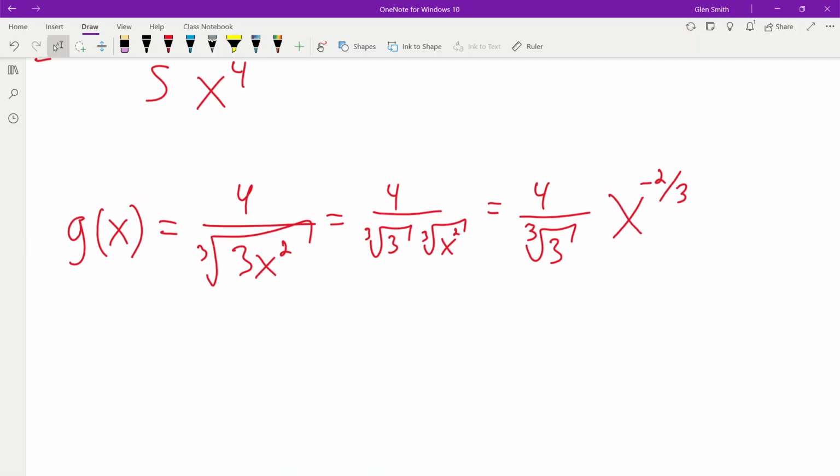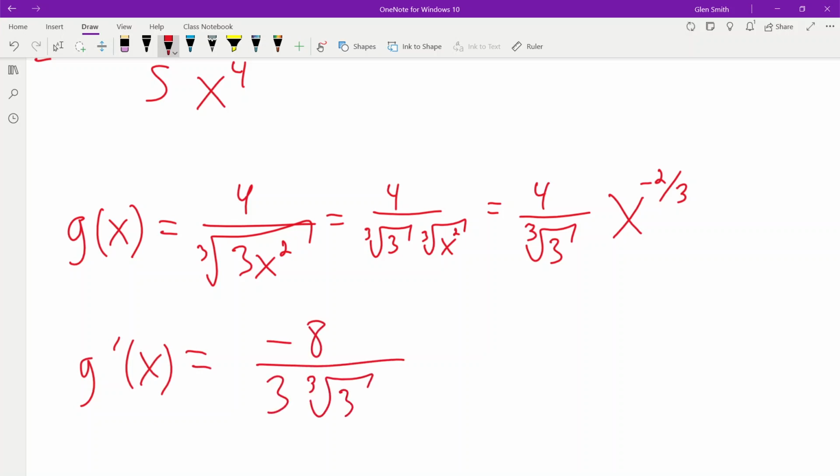Okay. I'm showing you this because sometimes students want to bring that entire thing up to the top and make it to the negative 1/3 and then derive like that. Just break it apart first. Okay? If you can use a little bit of algebra rules to make things simpler for yourself, you should do that first. So then the derivative of this is just an easy negative 8 over 3 times the cubed root of 3. Can we handle that? That's the exponent coming down, being multiplied, right?